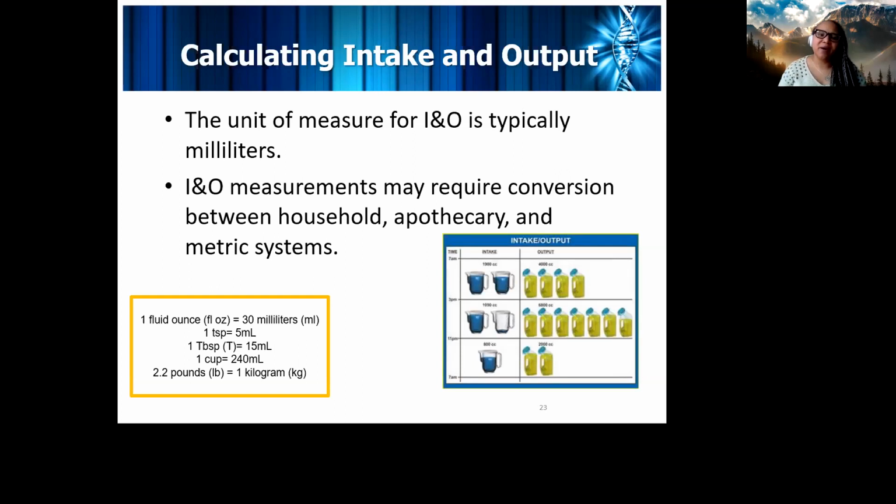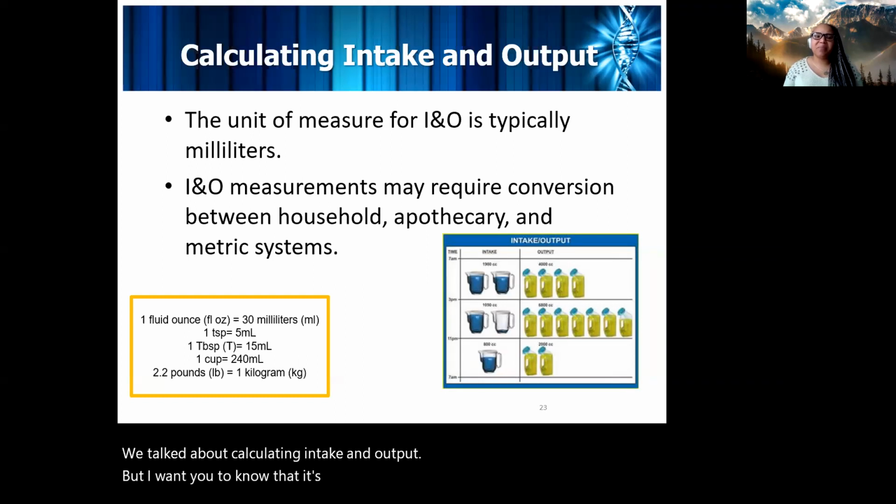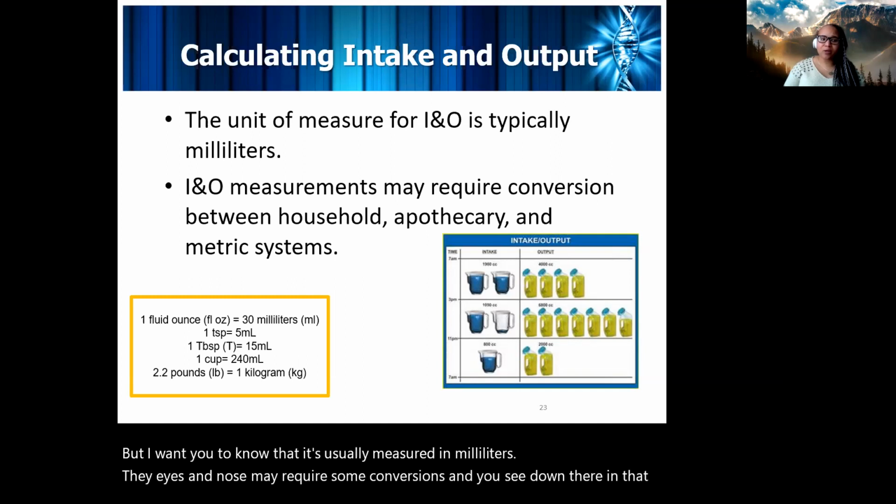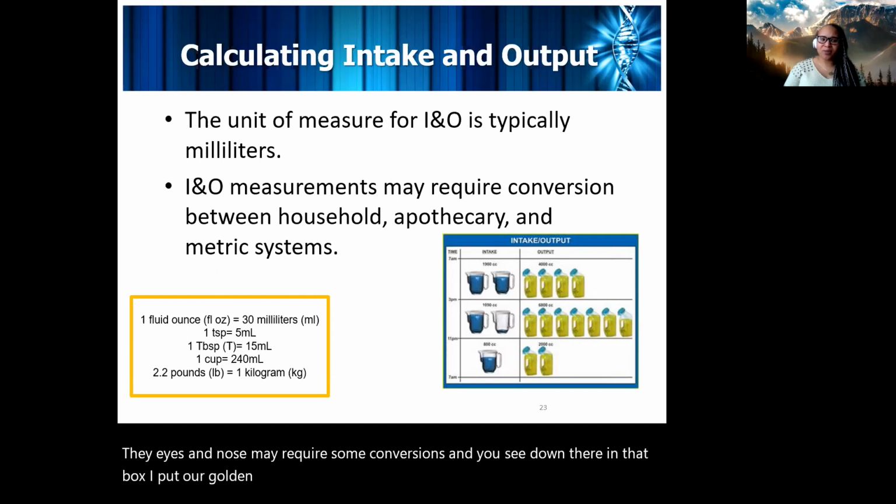Now, we talked about calculating intake and output, but I want you to know that it's usually measured in milliliters. The I's and O's may require some conversions, and you see down there in that box, I put our golden must-know conversion box right here.